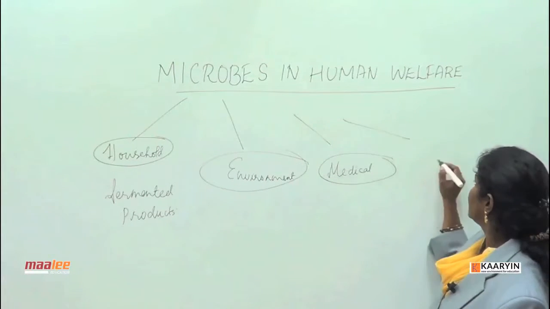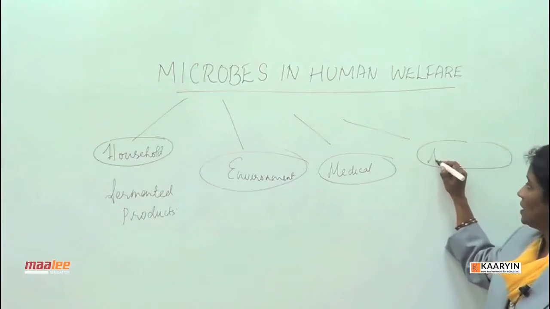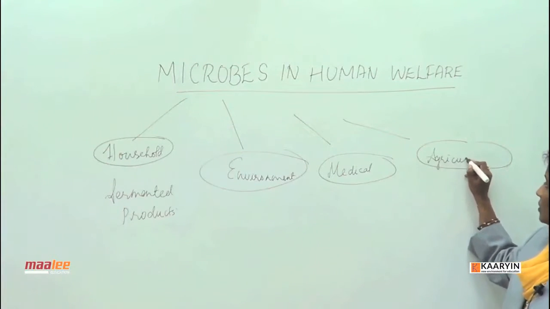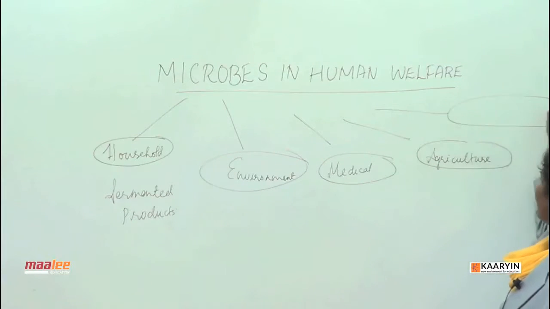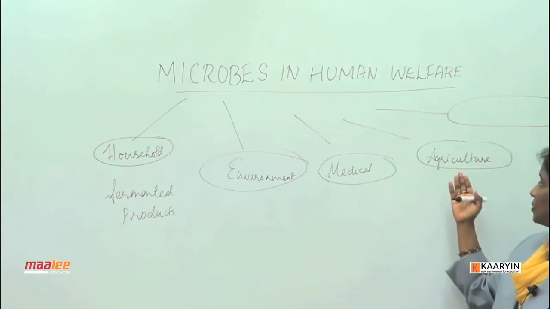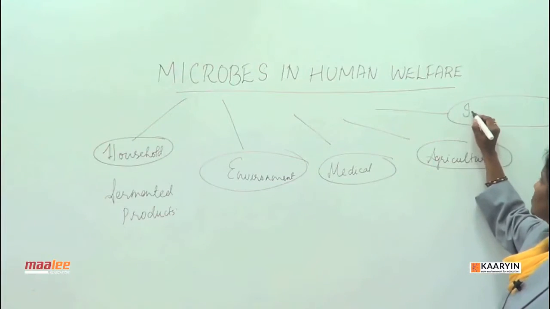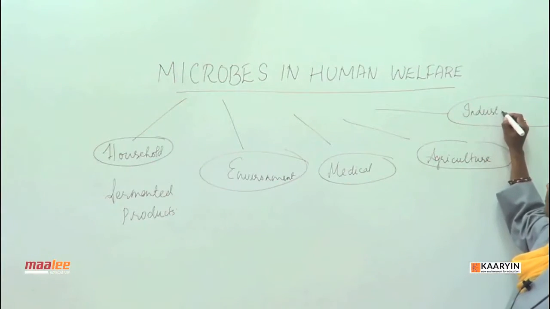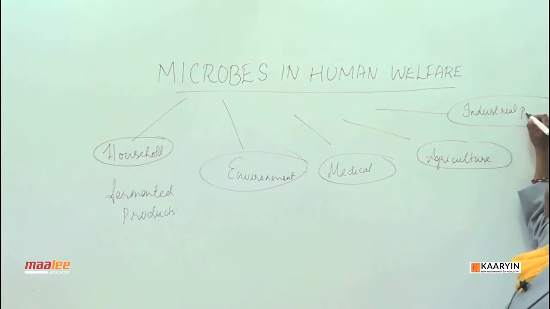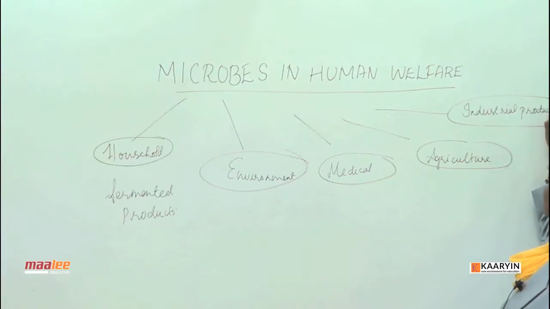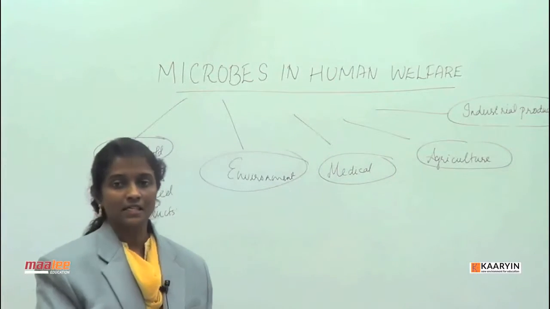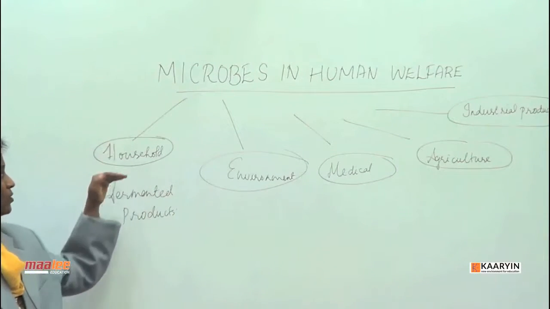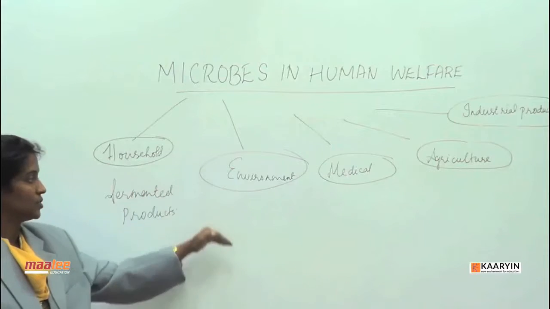From the agriculture point of view also, it is very essential, because we are able to get various biofertilizers and biopesticides. Then in industrial applications, we can get industrial products like citric acid and acetic acid, which is vinegar, from microorganisms. Now, let us discuss the role of these microorganisms in each of the divisions that we have seen.